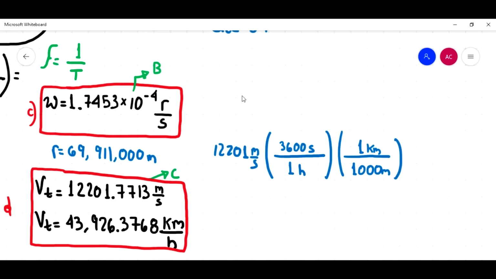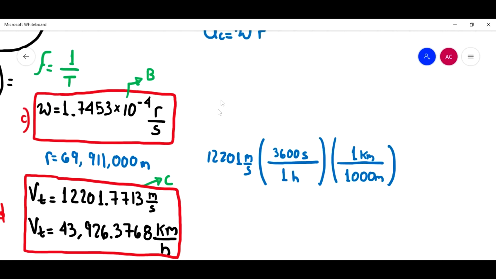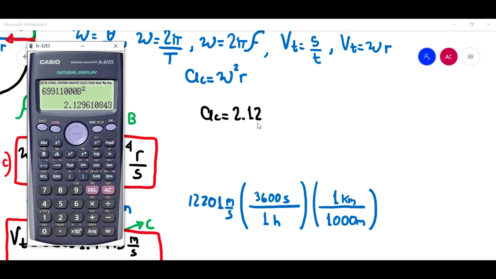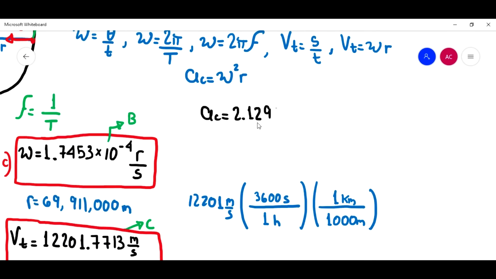I just was seeing if I didn't make a mistake. So the centripetal acceleration is going to be 2.1296 meters per second squared.